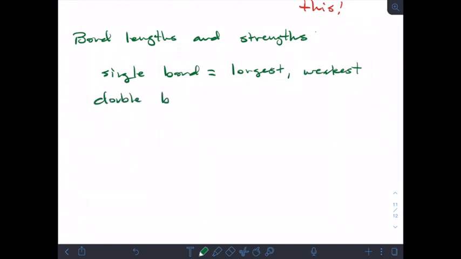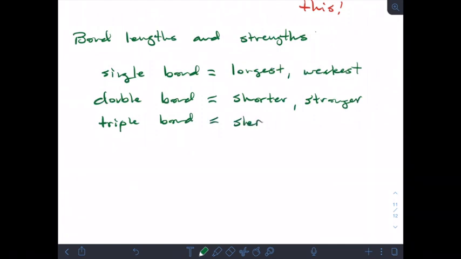A double bond is shorter and stronger. A triple bond is the shortest and strongest.